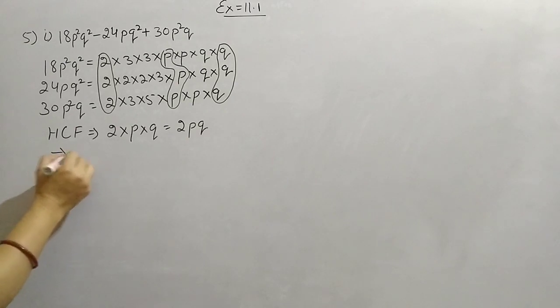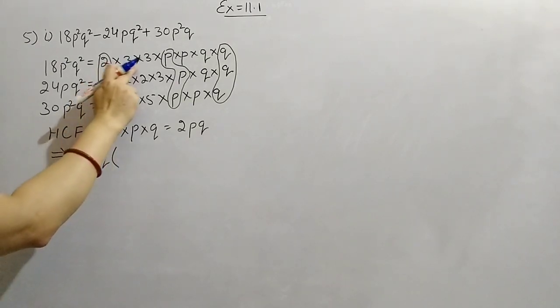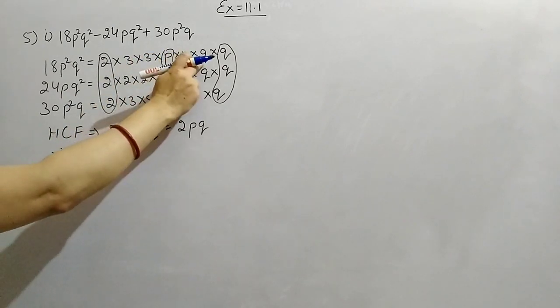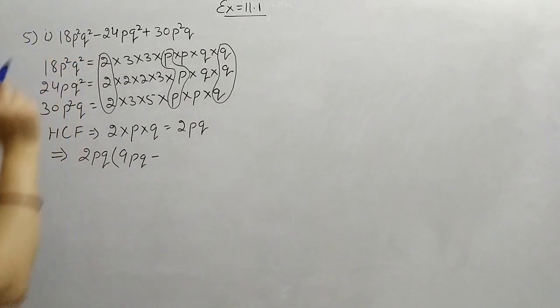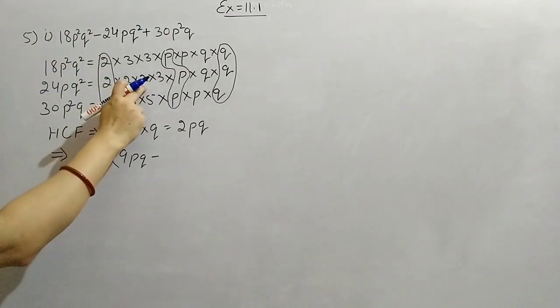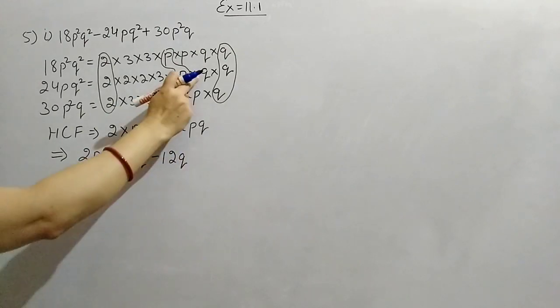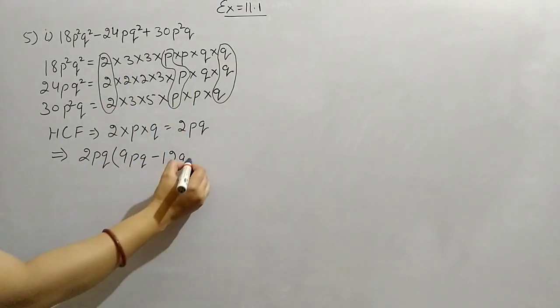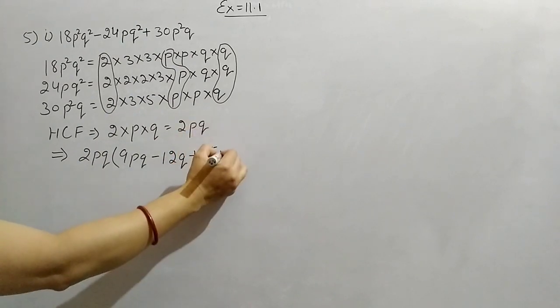So the factors will be 2pq, the common term. From first term 3 into 3 is 9pq, minus symbol. From second term 2 into 2 is 4, 4 3 is 12q. From third term, plus symbol, 3 into 5 is 15p.